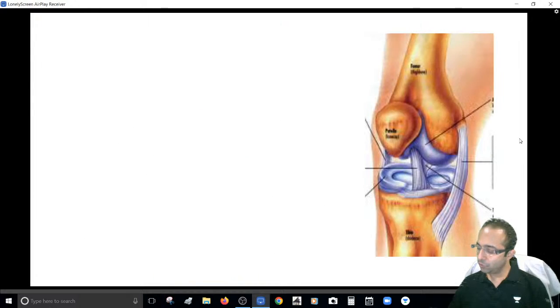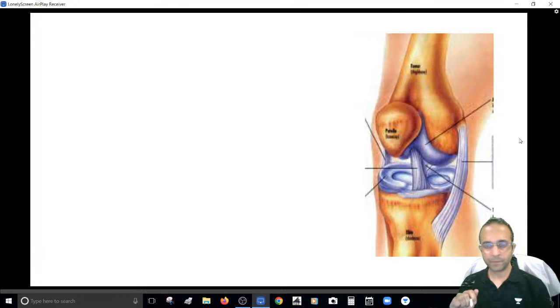Now, when you pull the femur up and push the tibia down, on top of the tibia you have these C-shaped articular cartilage discs, which we basically call the menisci. There is the medial meniscus and the lateral meniscus.